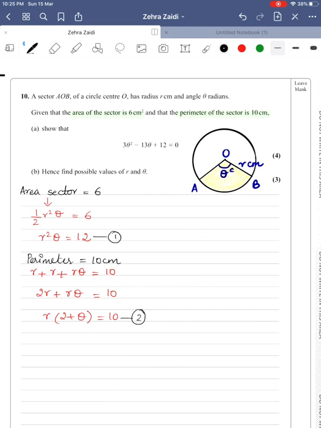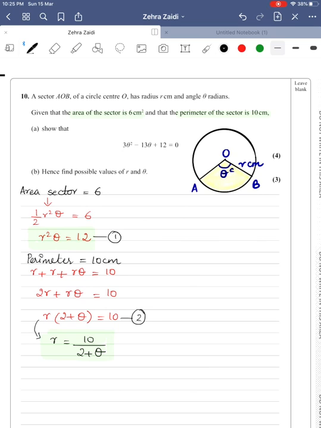So r is equal to 10 divided by 2 plus theta. Once we have made r the subject, we can substitute this value into equation 1.